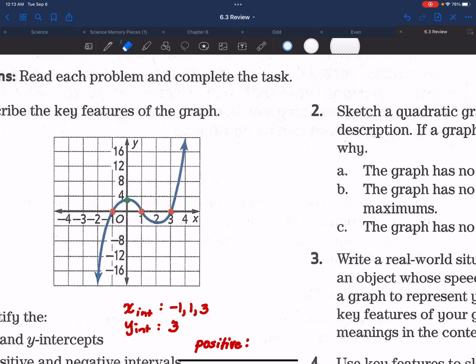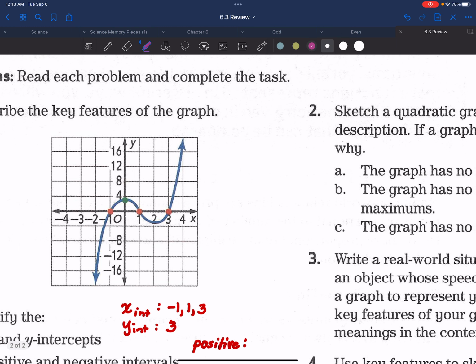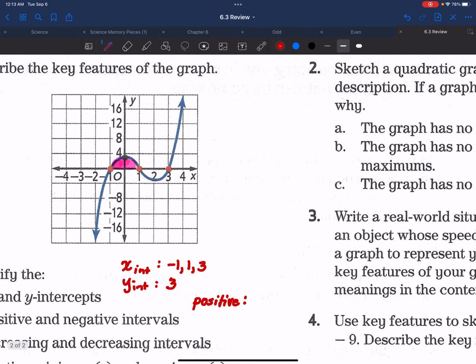Let's try it this way. The positive interval is right in here. When your x's are between -1 and +1, you have a positive interval.